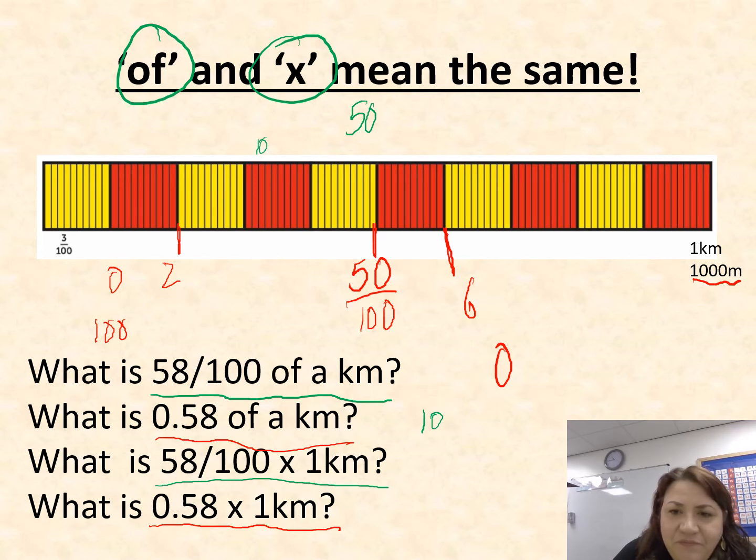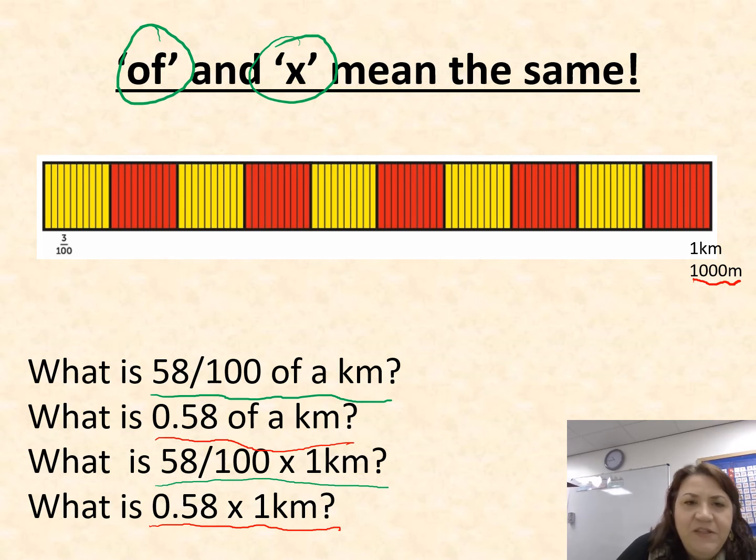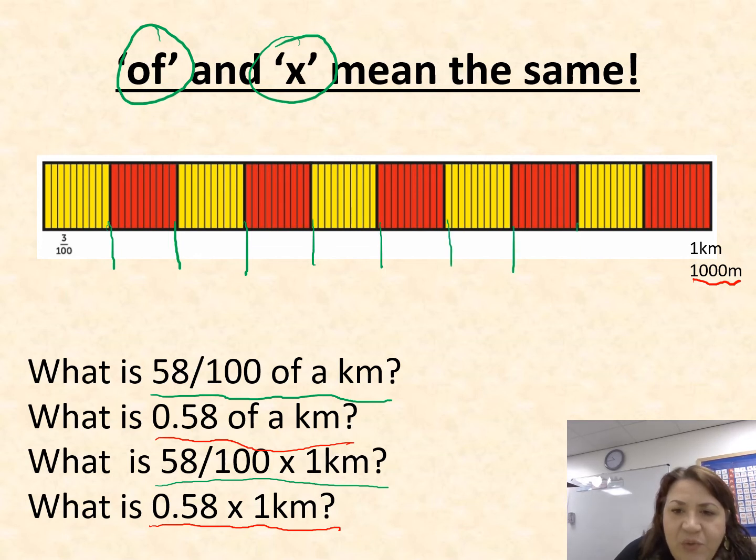Let's look at that again, because I know that I will have confused a few of you. Okay, so we're going to look at this once more. Here we've got tenths, haven't we? 0.1 or 1/10, 0.2 or 2/10. And to make up our 1,000 metres, each of those has got to be worth 1/10 of 1,000.